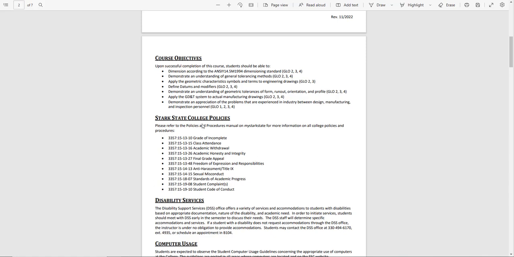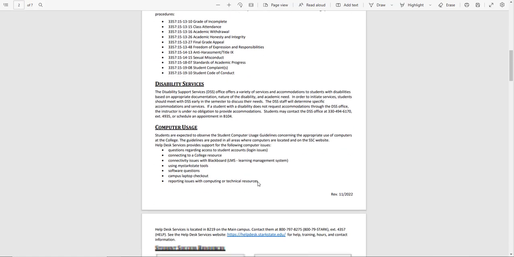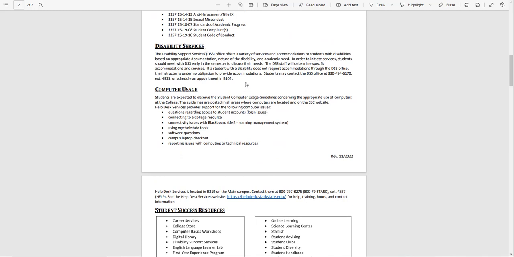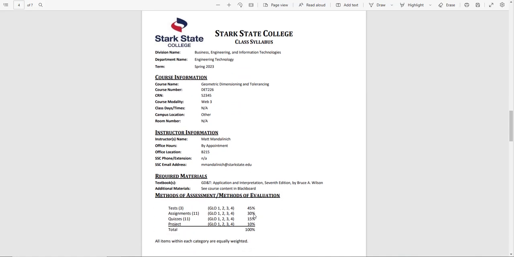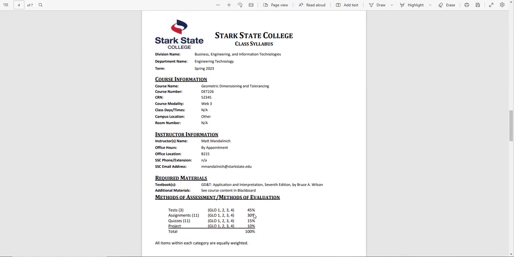You can read here for these Stark State policies and disability services. If you need disability service, please don't hesitate to contact them. And then here are your student computer usage guidelines. And then here are some student resources for you to explore. Here is the actual course syllabus.